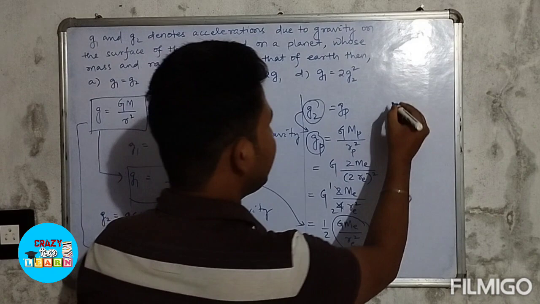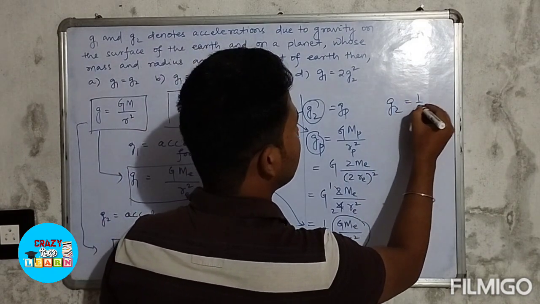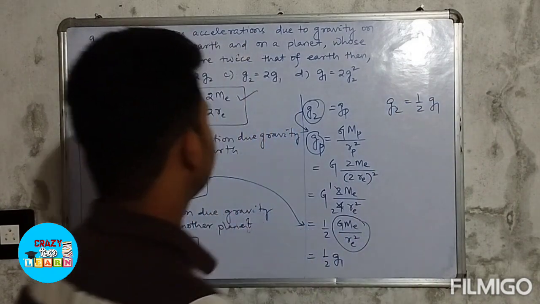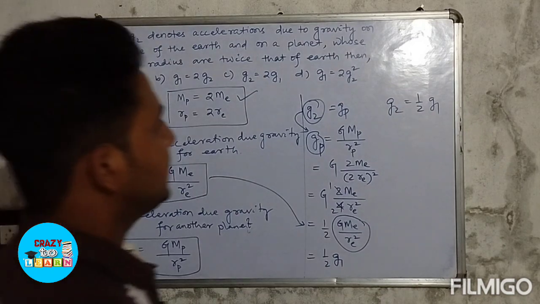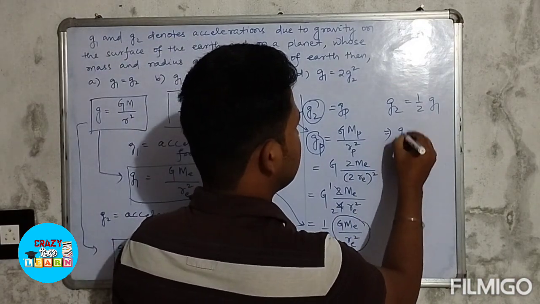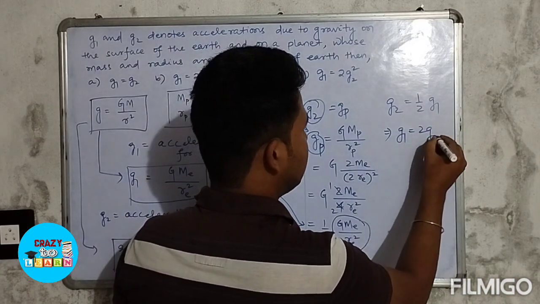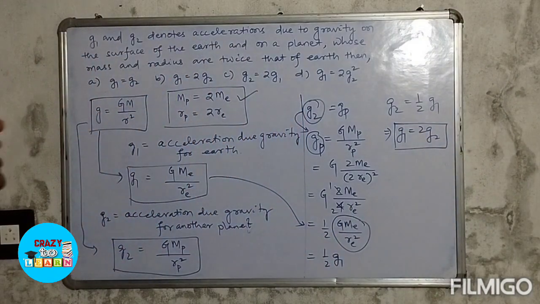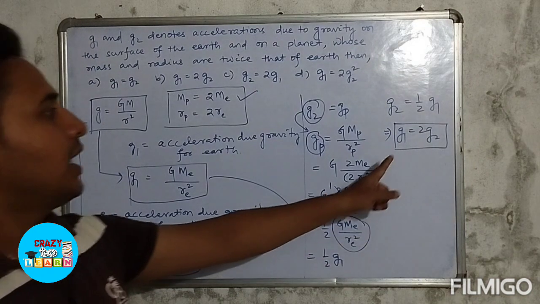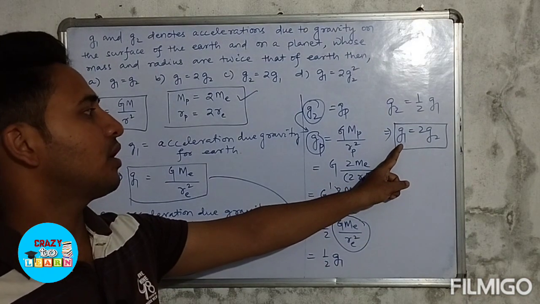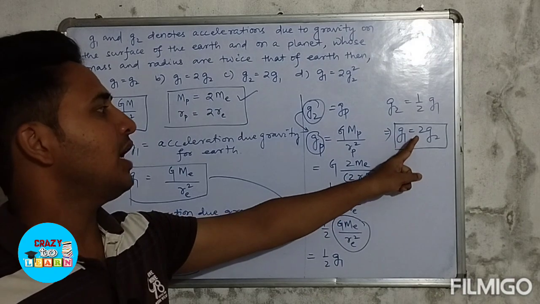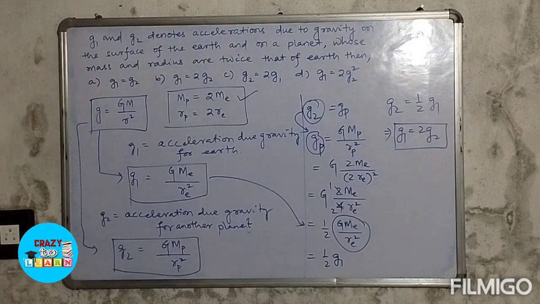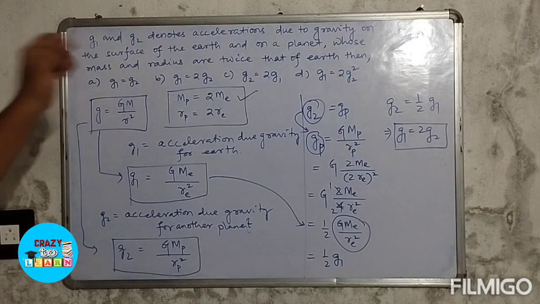So what you are finding? G2 is equal to half G1. So G1 is equal to 2G2. So acceleration due to gravity for the earth is equal to twice the acceleration due to gravity on the other planet for this problem.